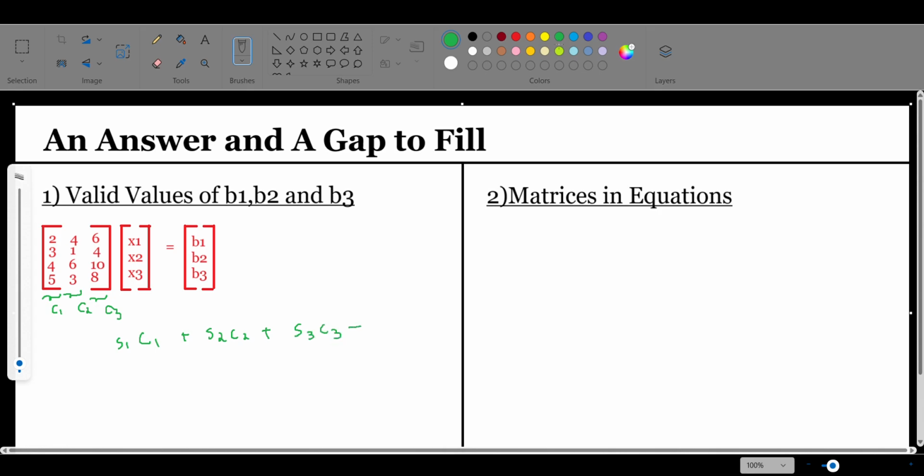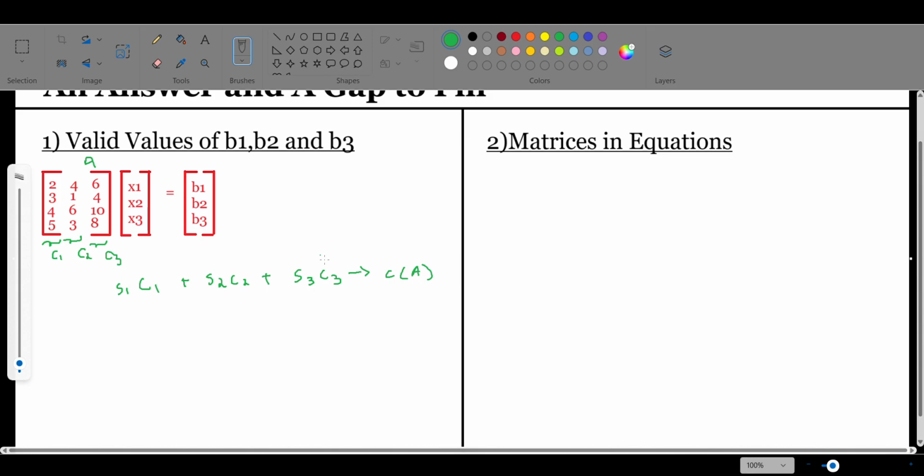So every combination of these three columns gives you the column space of the matrix, and let's call this matrix A.